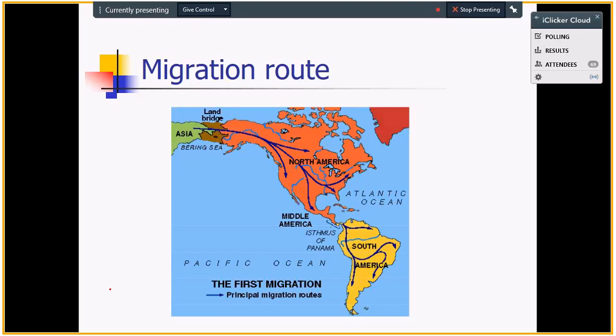And so we know with the geological stratification that these tools arrived probably about the same time that people in Asia were using these tools.